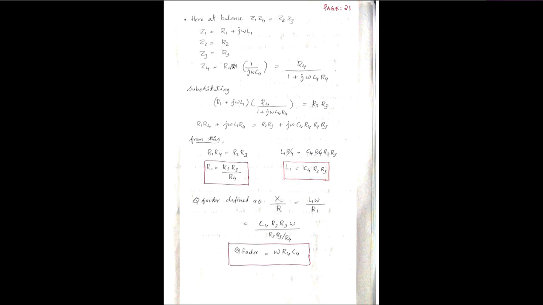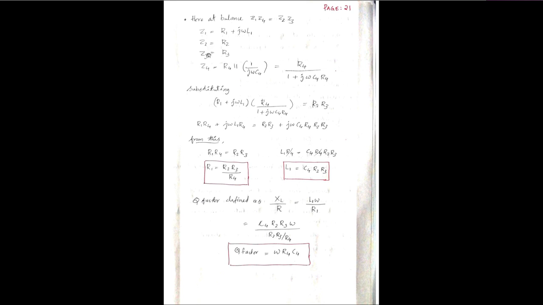Solving, R4 into 1 divided by j omega C4 divided by R4 plus 1 divided by j omega C4, which gives R4 divided by 1 plus j omega C4 R4.